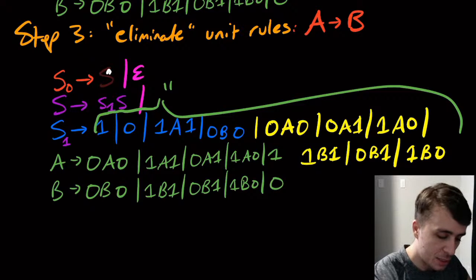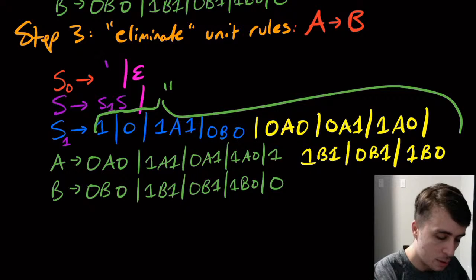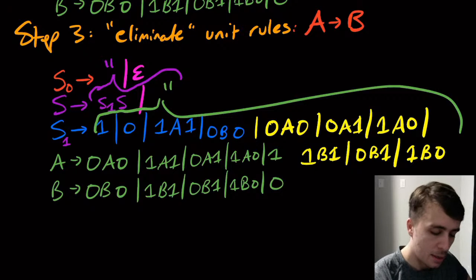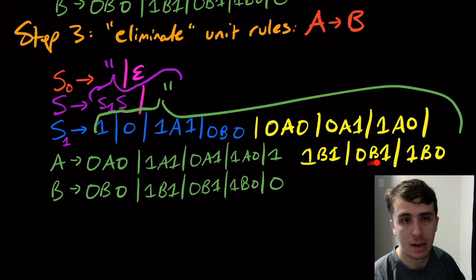And for this S right here, which was a unit rule, I'm going to do the same thing. Although this will get a little messy. Okay, so what goes here is whatever the right-hand side of S is, because it was a unit rule, and whatever was right here is the right-hand side of this S1 variable.